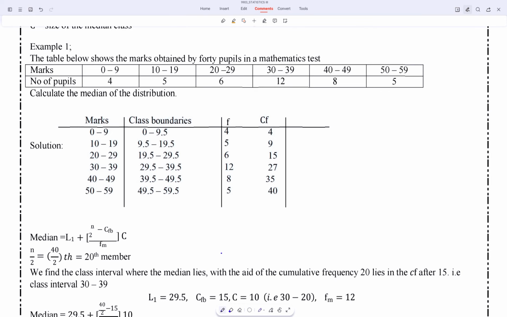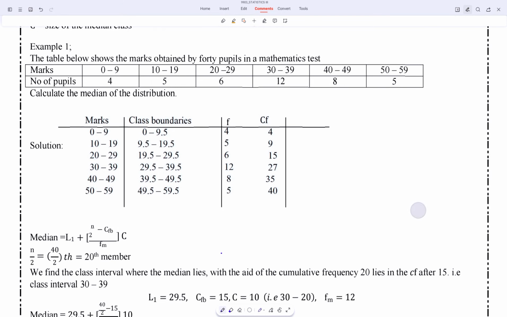Okay, so I've seen that now. So you can try this as a class exercise. Try this as class exercise.